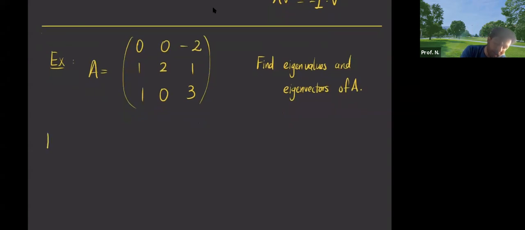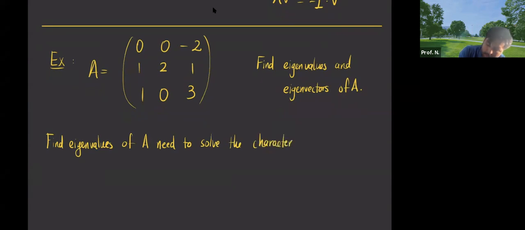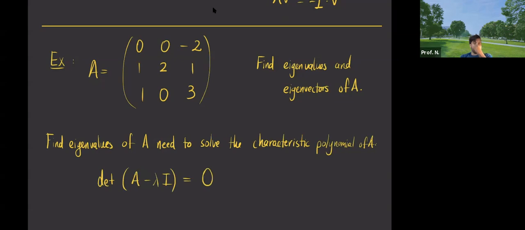To find the eigenvalues of A, I need to solve the characteristic polynomial of A, which is given by the determinant of A minus lambda I. That's how we do it.